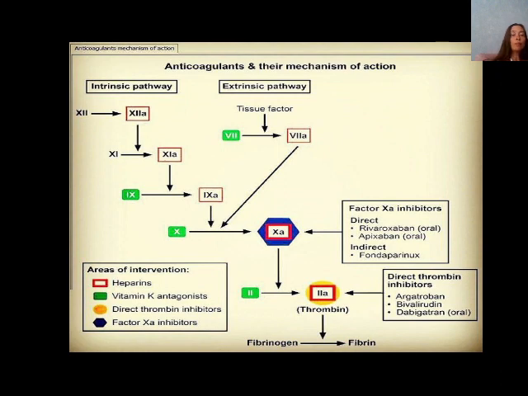Here you see the mechanism of action of all anticoagulants. Firstly, you see normal factors of coagulation that take a role in coagulation. Here are two ways: intrinsic pathway and extrinsic pathway. You see that inactive factor converts to active factor, so 12 to 12A and then later.